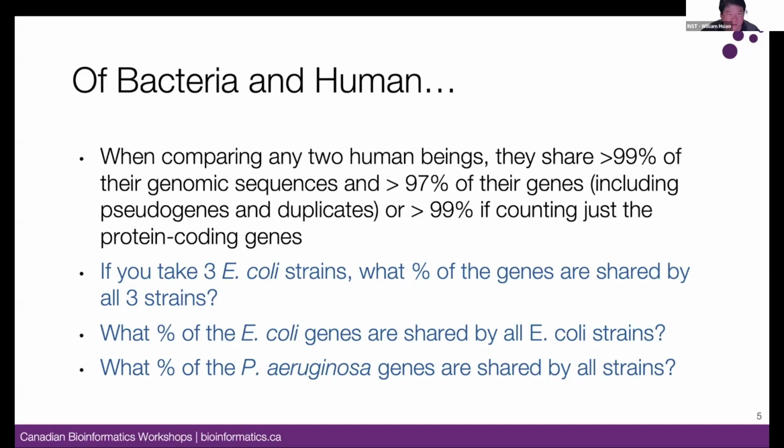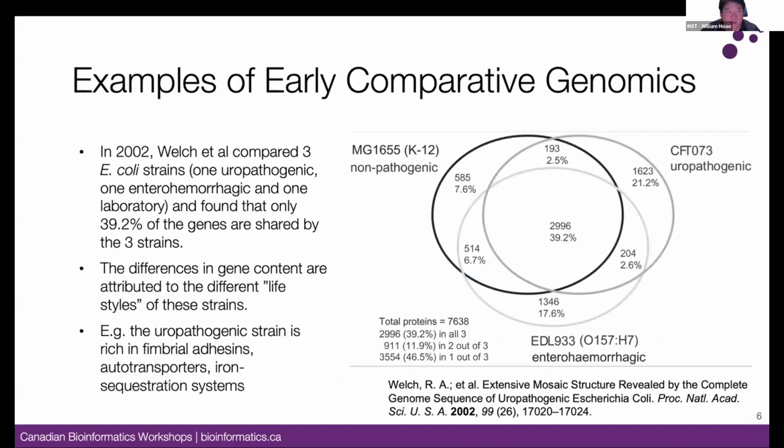So let's take a look at what we actually learned from studies. In 2002, Welch et al. compared three E. coli strains of different etiology. One is a uropathogenic strain, one is an enterohemorrhagic strain, and another is a laboratory strain that's non-pathogenic, the K12 so-called reference strain that was sequenced earlier on.